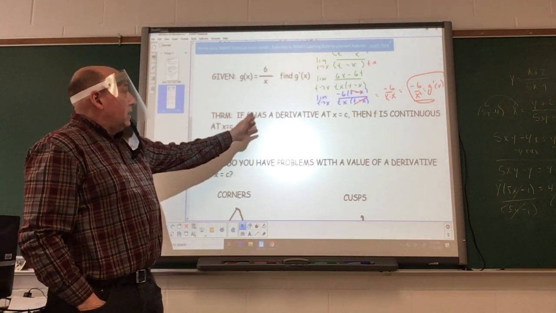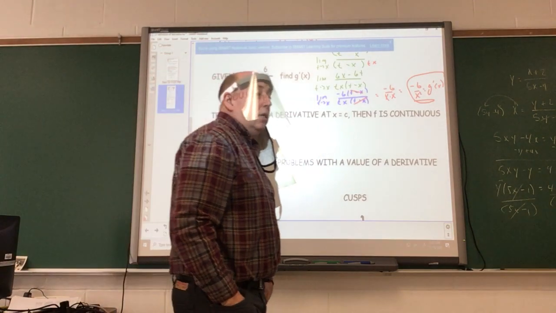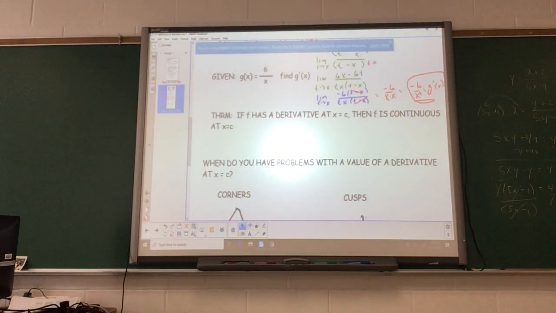If a function has a derivative at x equals c, it's guaranteed that it is continuous at x equals c. You have no discontinuity at x equals c. If you can find the value of a derivative at c of a function, you're guaranteed to be continuous at that value.